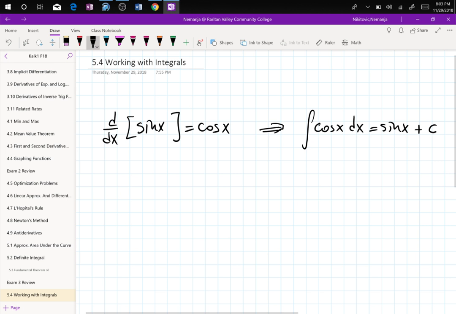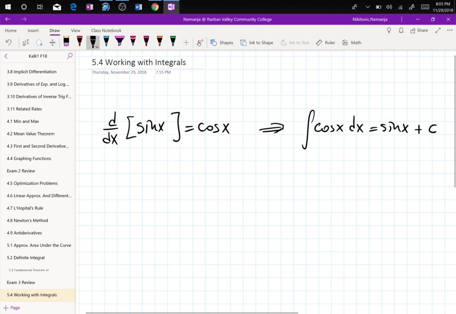And this plus c was there because this could have been sine x plus 10 or minus pi or whatever, and the derivative would destroy that piece of information. So when you go back, you don't have any way of figuring out what that is unless you have what we call initial point, initial condition.